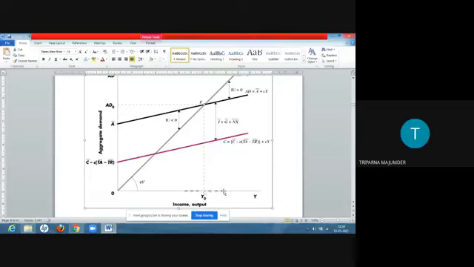If the output is greater than the equilibrium level of output, where aggregate demand is equal to output or income, there is a stockpiling of inventories.